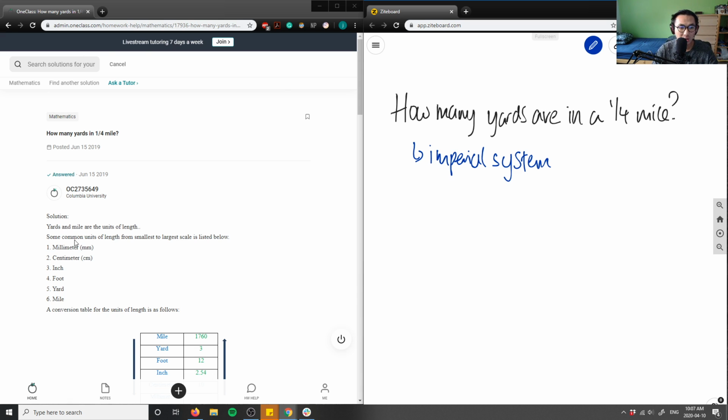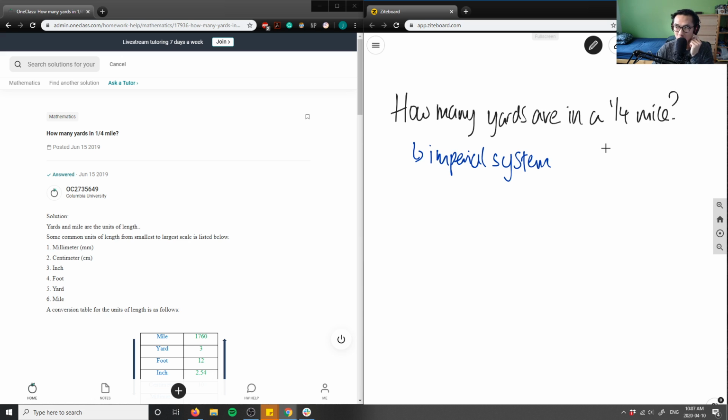So take a minute to look at this question, and afterwards we're going to solve it together. I'll give you a minute to do so. Again, how many yards are in a 1/4 mile is the question here.